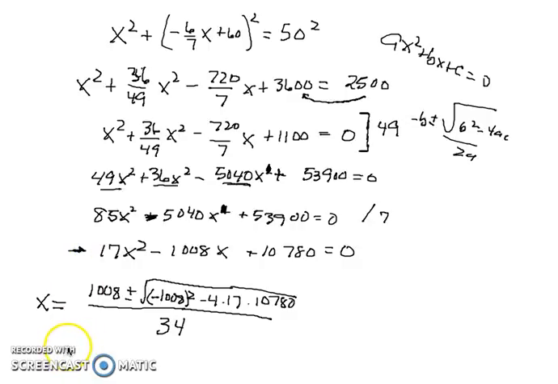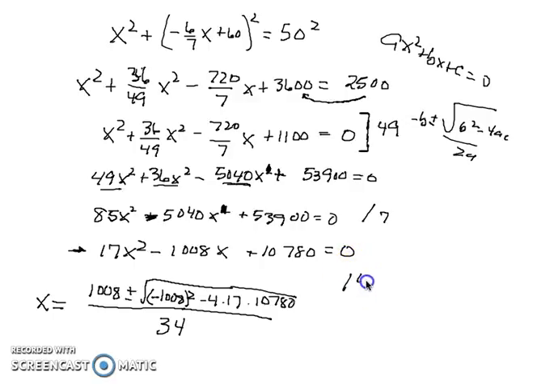Now, there are ways to do this on your calculator. You could put the entire expression in and then just go back and change the signs instead of having to put it in twice. But anyway, if you do that, you will get 2 numbers.